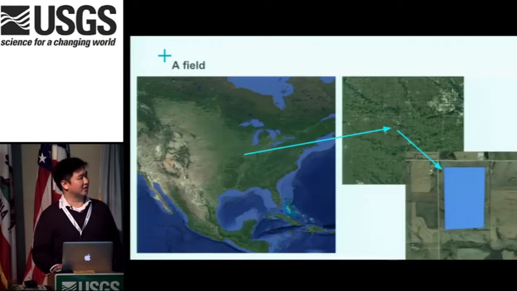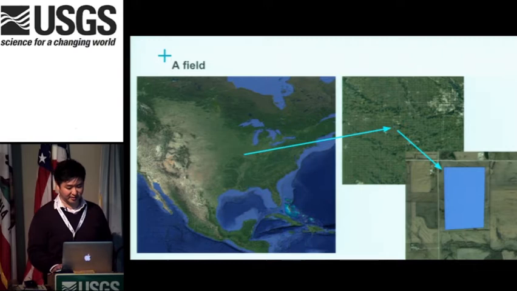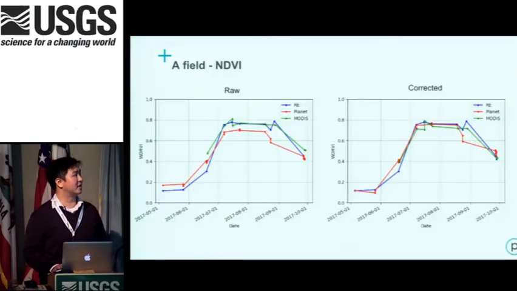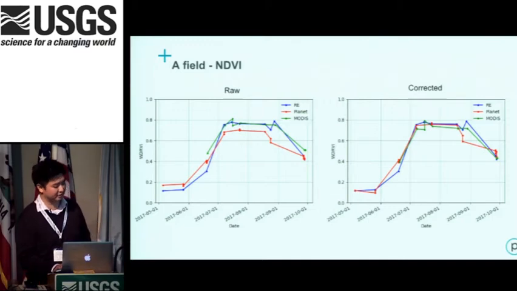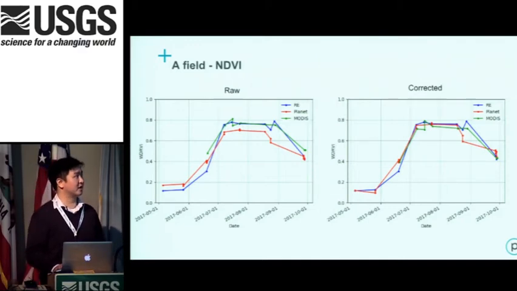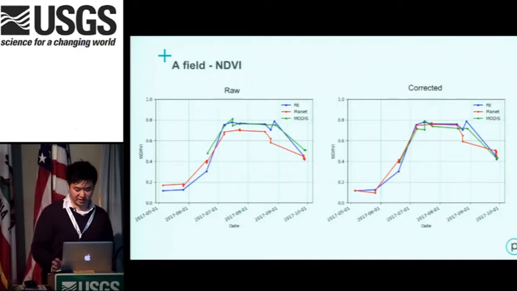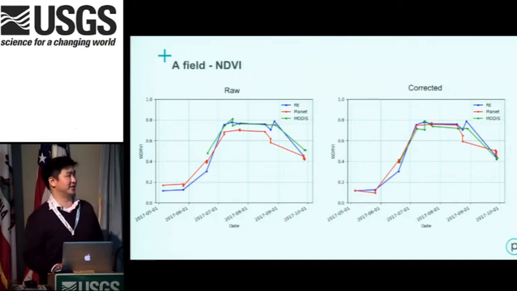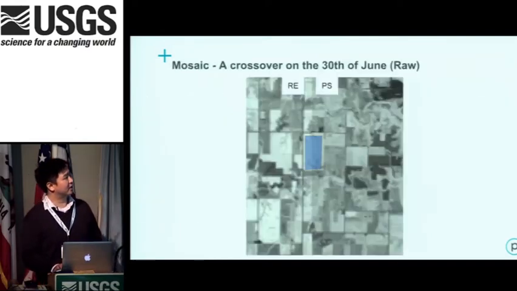So we started looking into some validation for this process. Here's a field again from before, and here are the raw results and the corrected results. After the correction, the results for all of the constellations are slightly more aligned, and the time series seem to make a bit more sense.